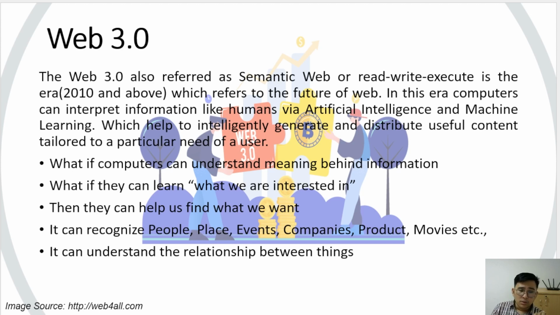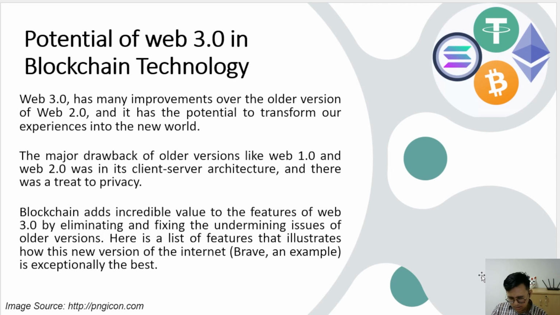It could also be technology that could recognize people by their face, or the place that they are standing right now, using a geo-based system, events, companies, products, movies, etc. And technology that could also understand relationships between objects, between things. So this is the potential of Web 3.0.